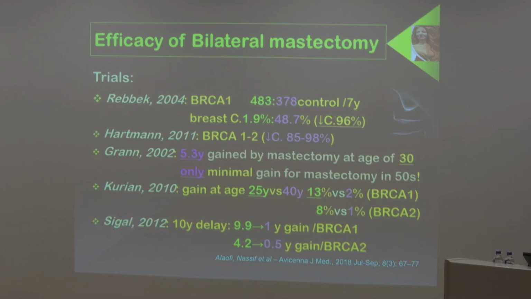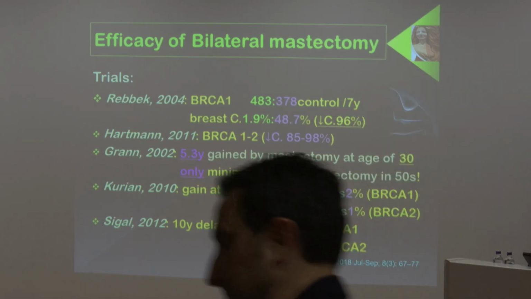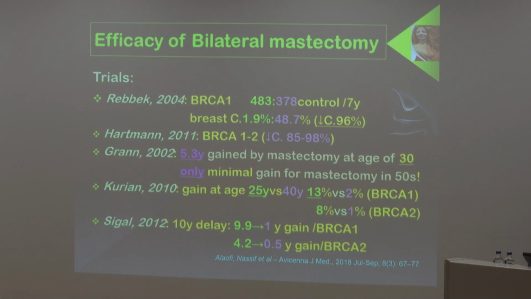It's very important to see that if it's in the 30s, it's much more effective, important, and beneficial than if it's in the 50s, because we have a spectrum of risk, and a patient with BRCA mutation of 50 years old that didn't have a breast cancer till that age will not have the 87% risk of breast cancer.